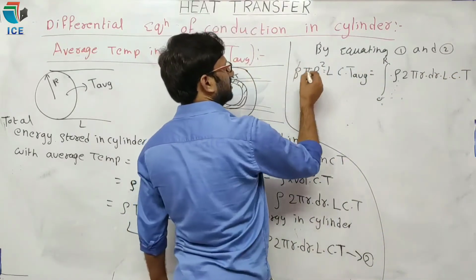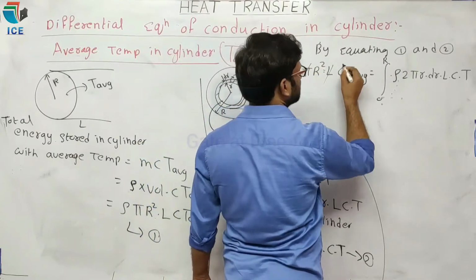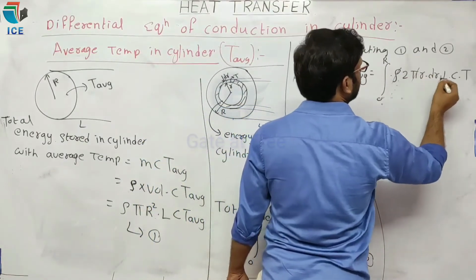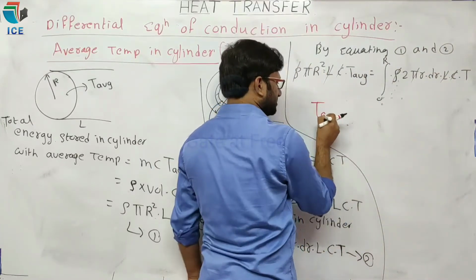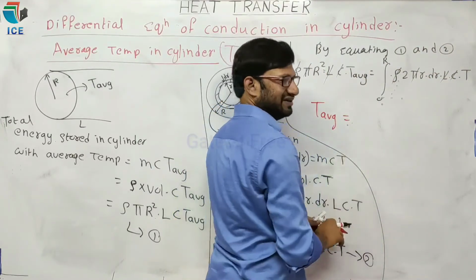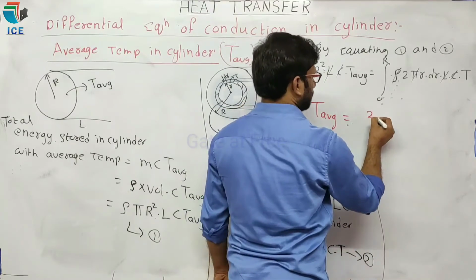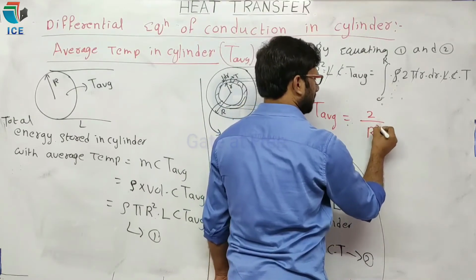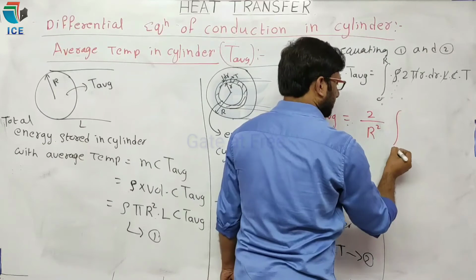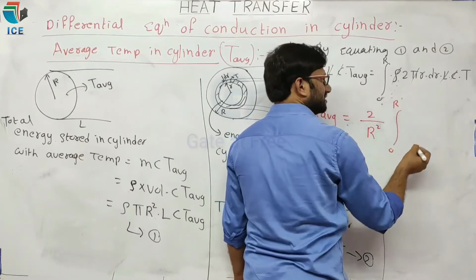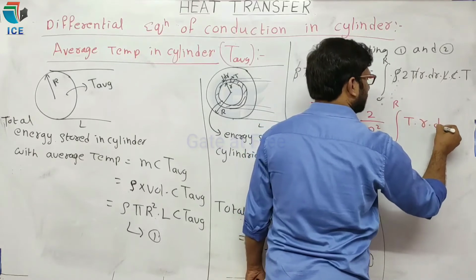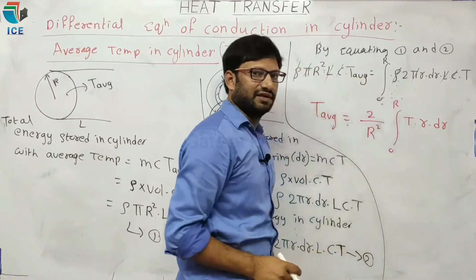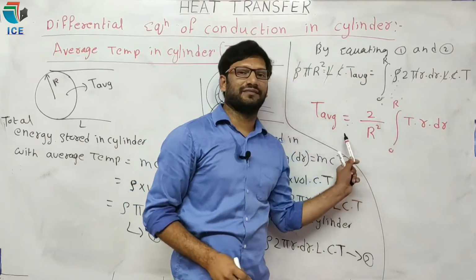Now density, pi, L and C cancel. What's the remaining? Therefore the average temperature in cylinder equation is 2 by capital R square, integral from 0 to total radius R, T into r dr. See, don't take T outside.